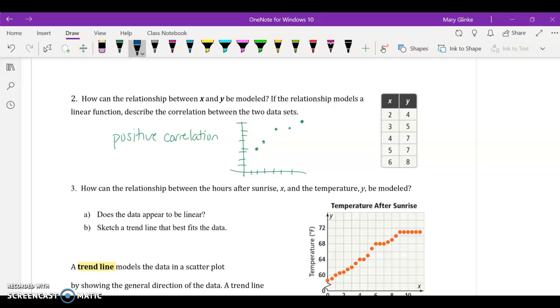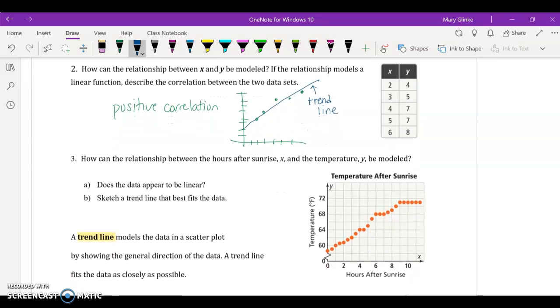So with that, we're going to start taking things that are correlated either positively or negatively, and we're going to start drawing a line through them. This line that goes through the data is called a trend line. It's trying to show kind of the average growth or decline in your data.